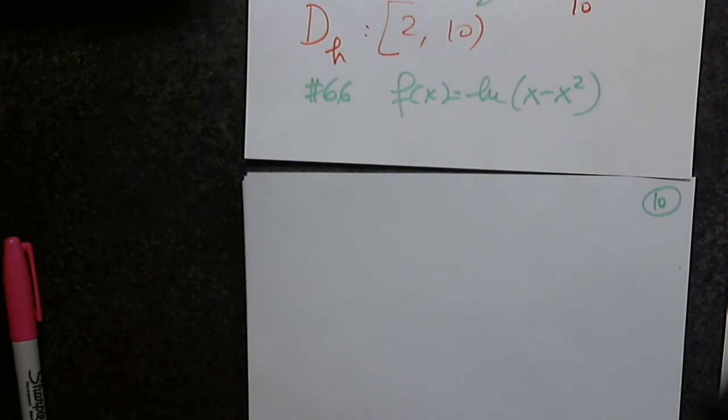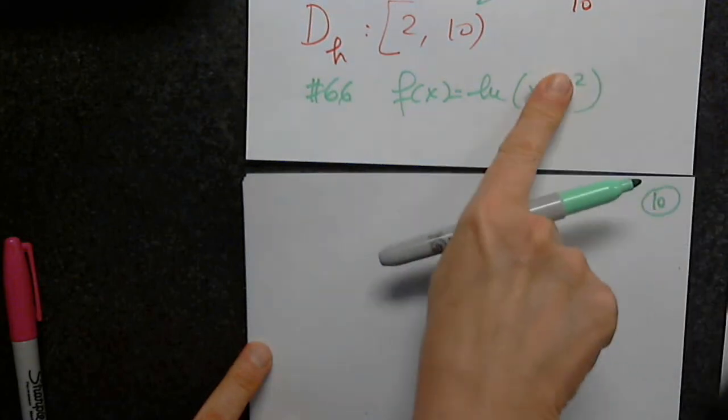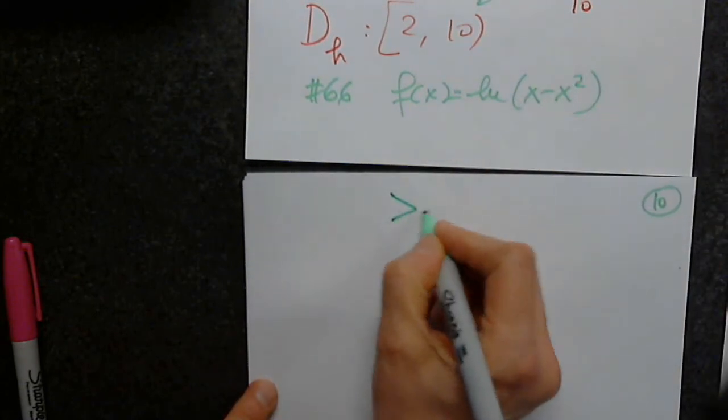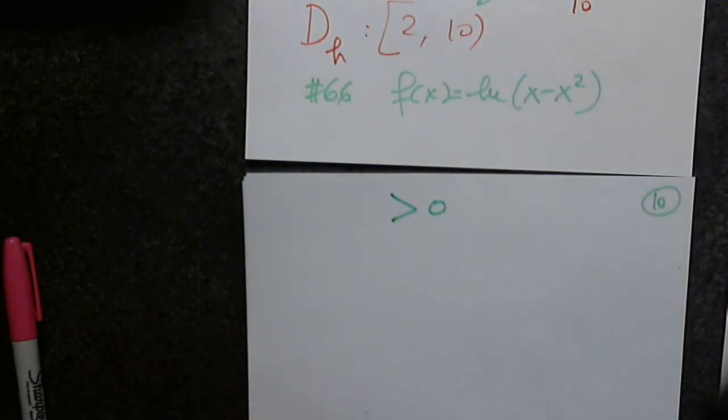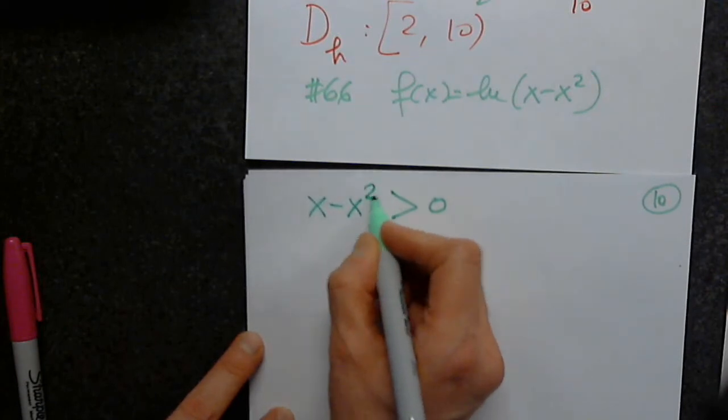Good. So in order to find the domain of this function, what do I do? x minus x squared must be greater than 0. Awesome. It's a log. It's applied to a quantity. This quantity has to be strictly greater than 0, whatever it is. Perfect.